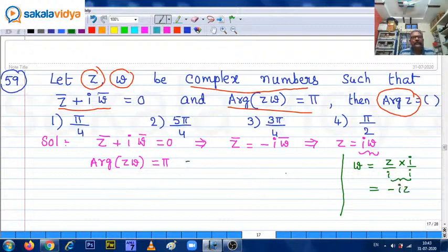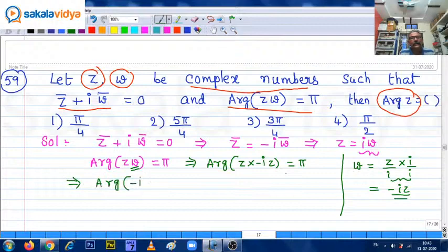So now we can write arg of z times omega, replaced by minus I z, equal to pi. Arg of minus I times z square equal to pi. Right, now this we can write as arg of minus I plus arg z square equal to pi.